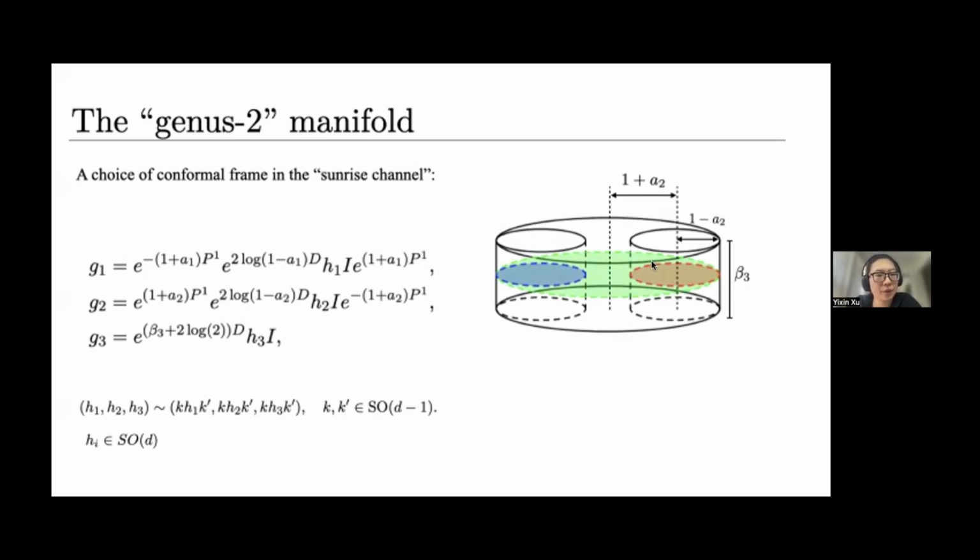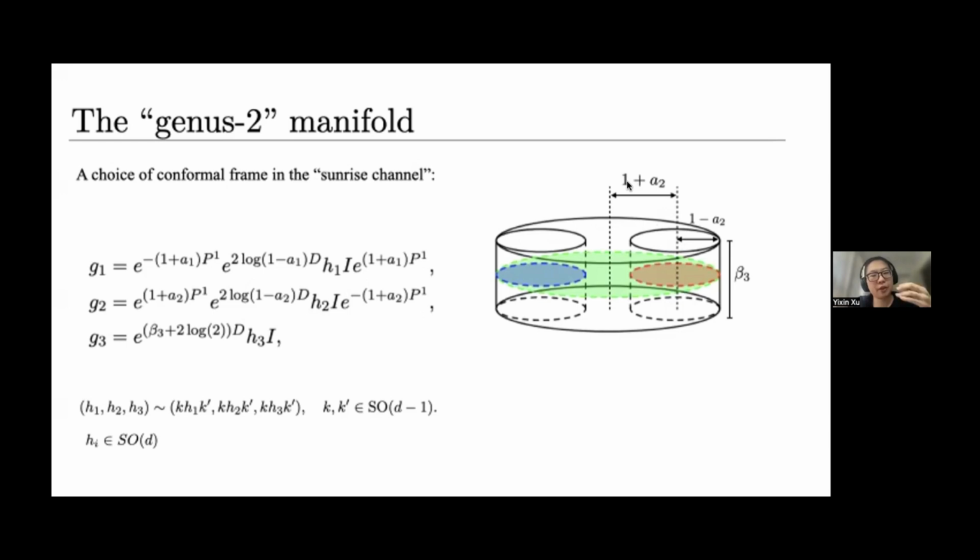Basically, if you take two flat spaces and remove a ball centered at 1 plus A1, with radius 1 minus A1, and then remove a ball centered at 1 plus A2, with radius 1 minus A2, and then remove another ball centered at minus 1 minus A1, and the radius of this ball is 1 minus A1. Then you remove a third ball centered at infinity with radius 2.